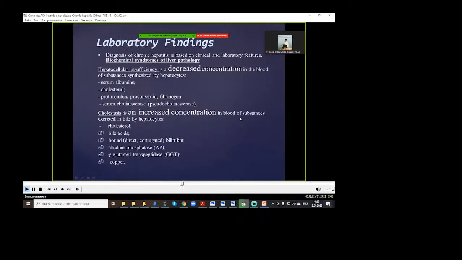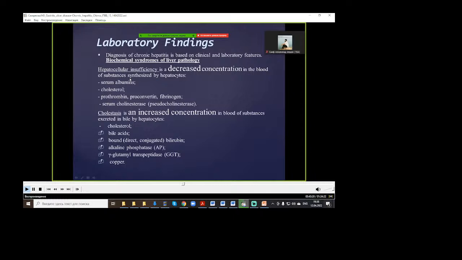So let's revise your knowledge about clinical biochemical syndromes in case of chronic hepatitis. The first biochemical syndrome of liver pathology is hepatocellular insufficiency.